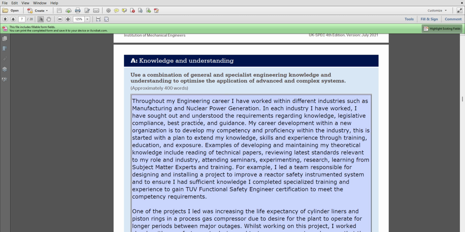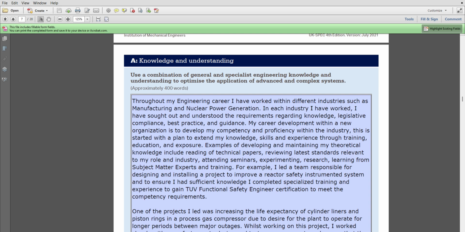But this is just an example from a candidate, just to give you an idea of what to consider as you produce your report. So this is on knowledge and understanding. I'll just go through this paragraph with you. So the candidate said, throughout my engineering career, I have worked with different industries such as manufacturing and nuclear power generation.